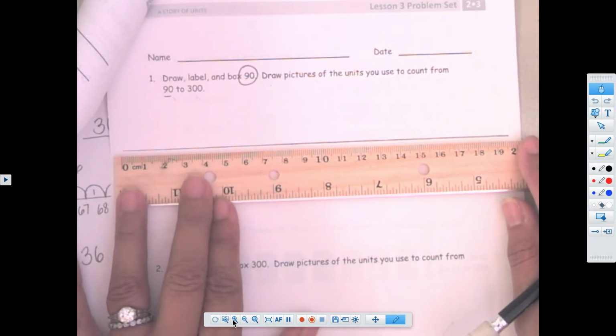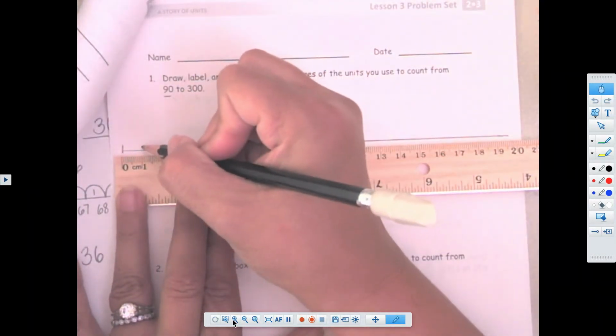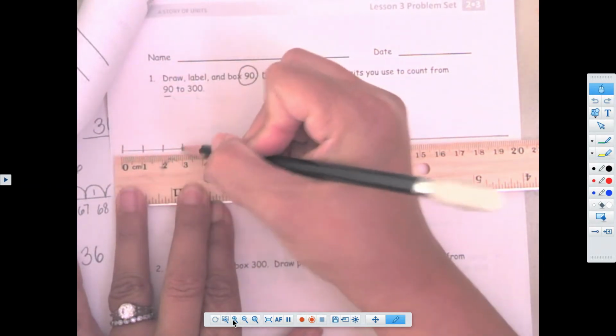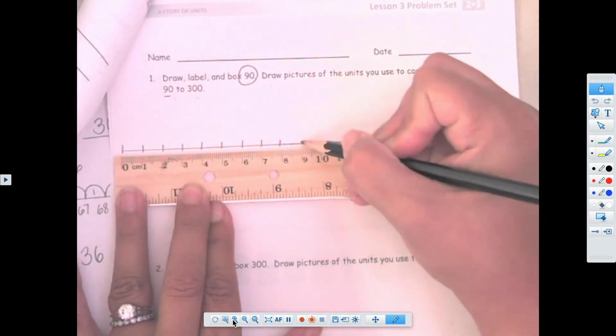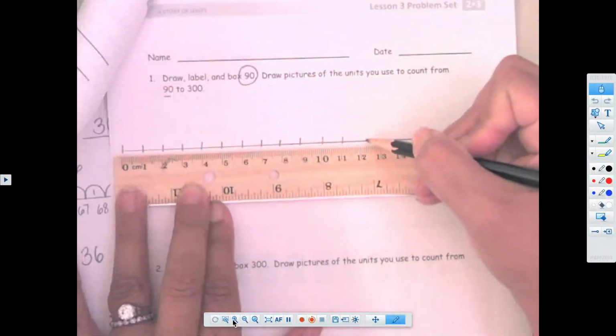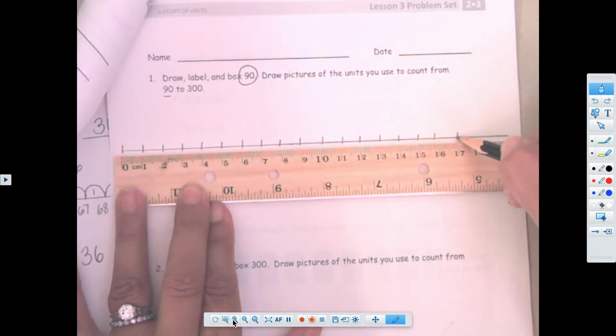Let's try it. Ready? Okay, let's start with 0, and let's do right here. 1, 2, 3, 4, 5, 6, 7, 8, 9, 10, 11, 12, 13, 14, 15, 16, 17, 18. I'm going to stop right at 18.